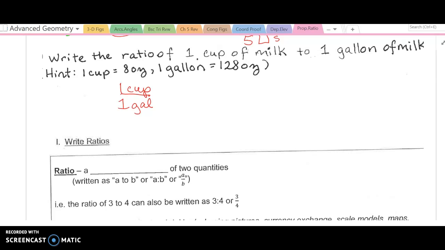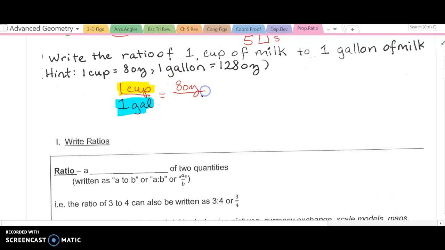Well, keep in mind that if I just say 1 cup compared to 1 gallon, that doesn't really tell me how those two things compare in size. And so what I need to do to compare those in size is put them all in one unit, the same unit, to really be able to compare them.